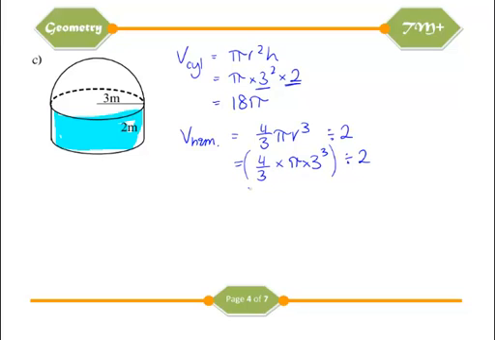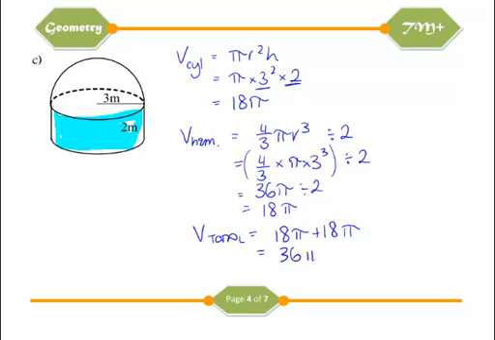So I've got 4 divided by 3, and then I'm going to times that by 3 cubed, which is 27, and I get 36 pi. That's divided by 2, which gives me 18 pi. So my total volume is going to be 18 pi plus 18 pi. Notice that they're exactly the same volume, kind of cool, which is 36 pi.